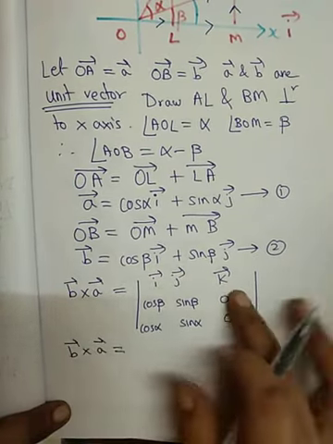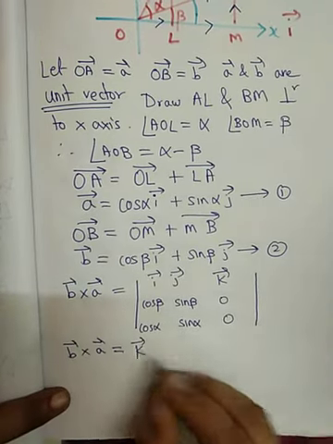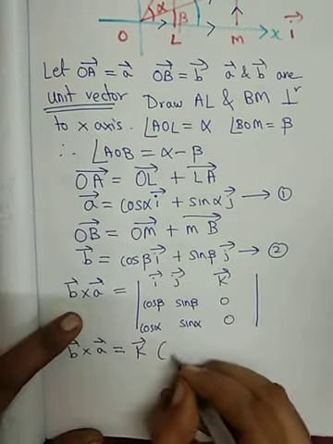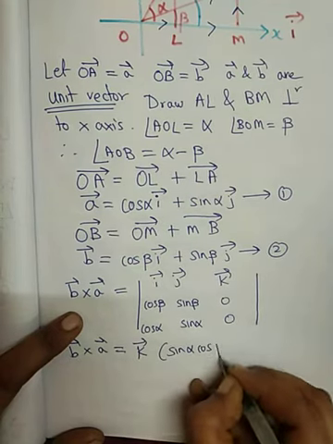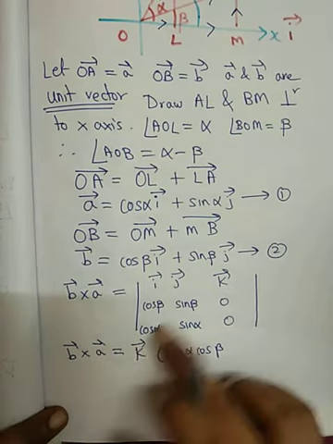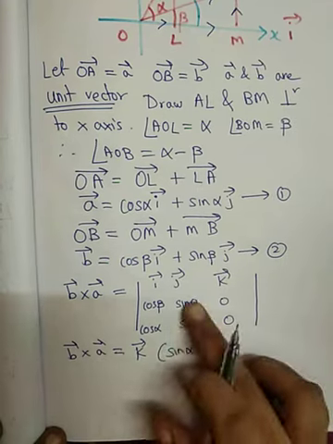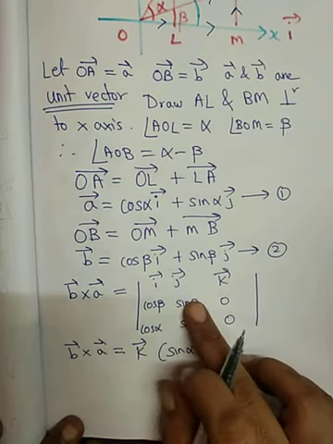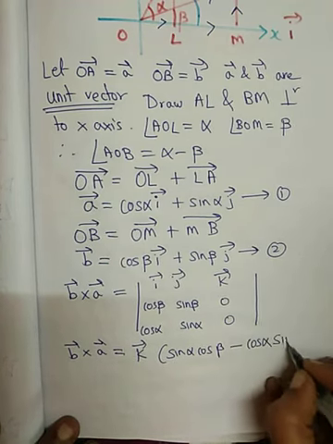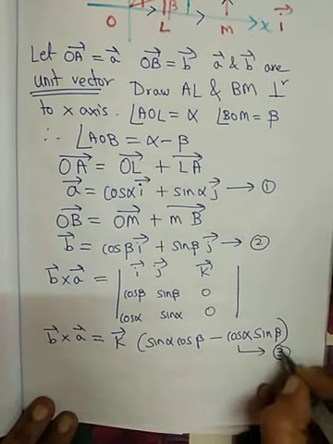I number if I do, everything is 0. J number if I do, everything is 0. So k, when I have to do, I have to cover this particular column, this row. Now multiply in this direction, I will have sin alpha cos beta. We are multiplying in this direction, so sin alpha cos beta. Always after multiplying in this direction, we have to change the sign and put. When I multiply, actually I'll get cos alpha sin beta, but when I write, I should write minus cos alpha sin beta. Let me name this as the equation number 3.